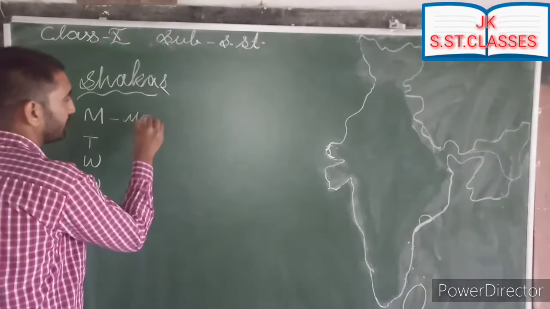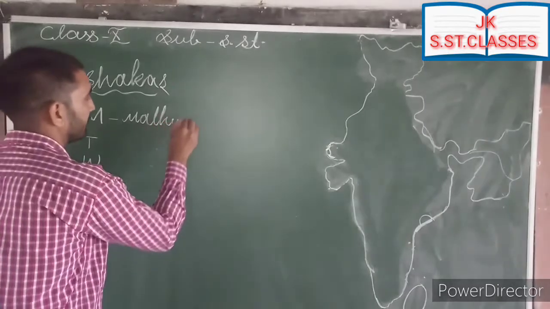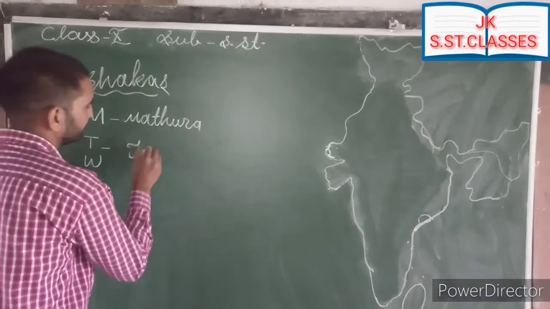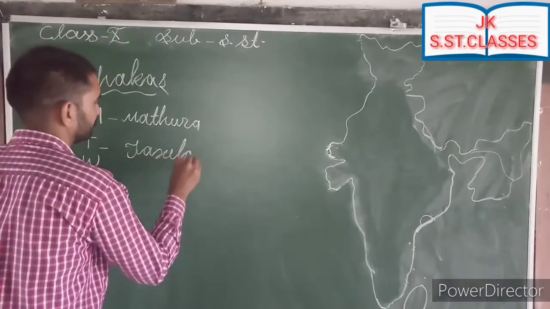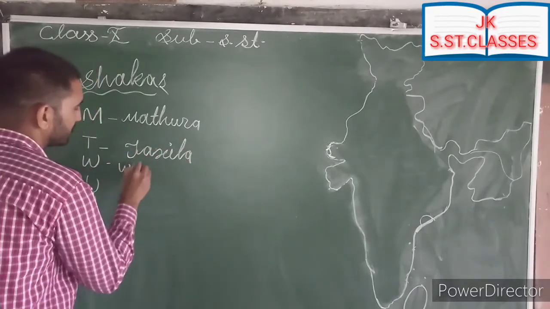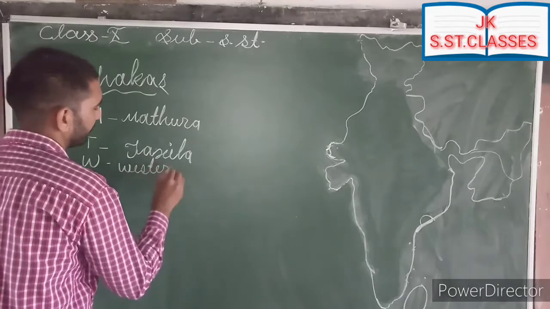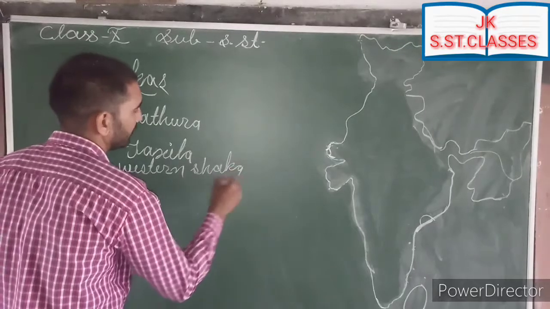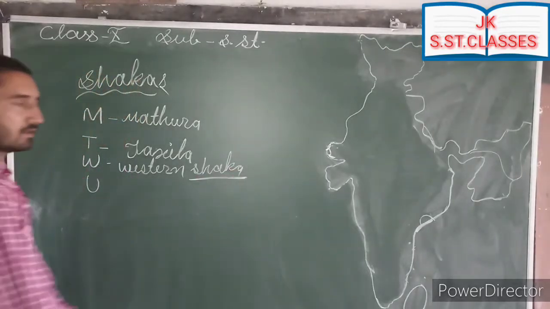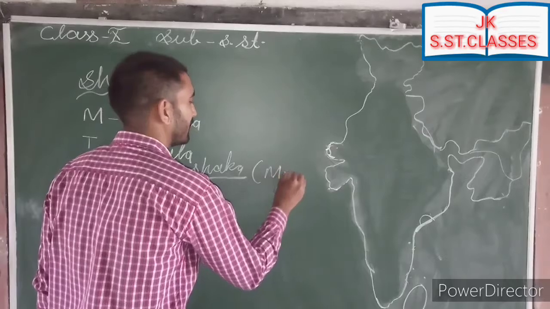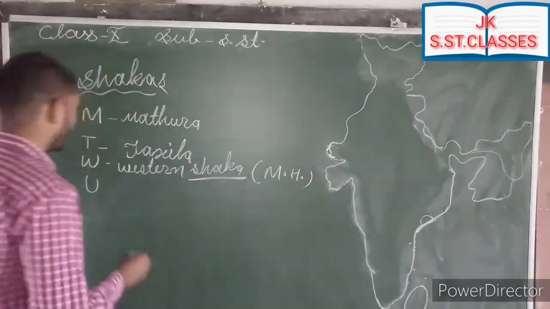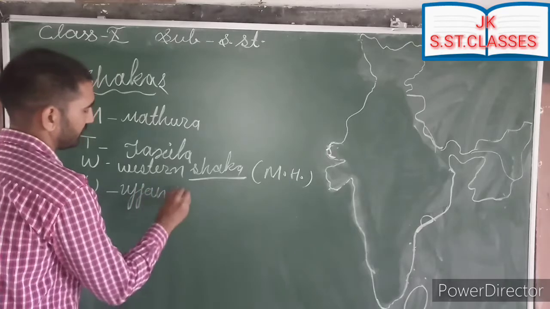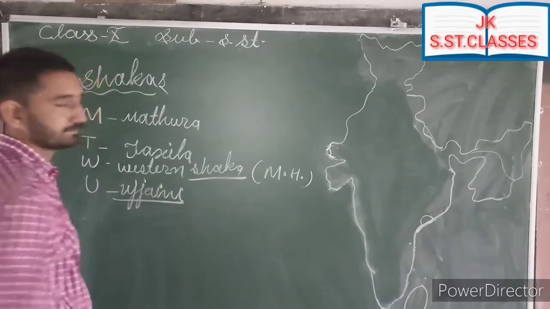Shakas of Mathura, Takshila, Western Kshatrap related with Maharashtra, and Shakas of Ujjain.